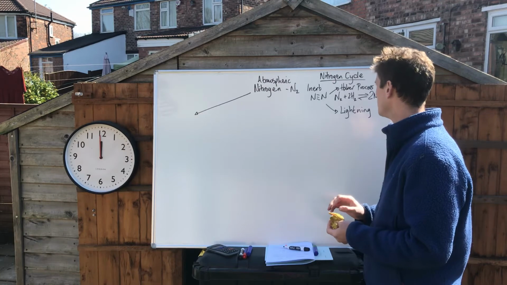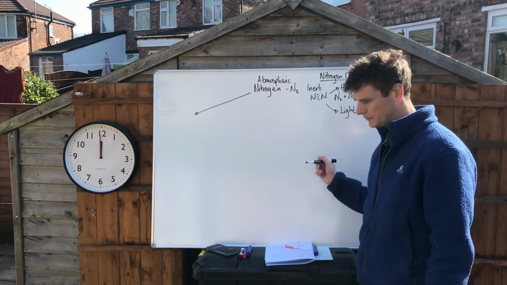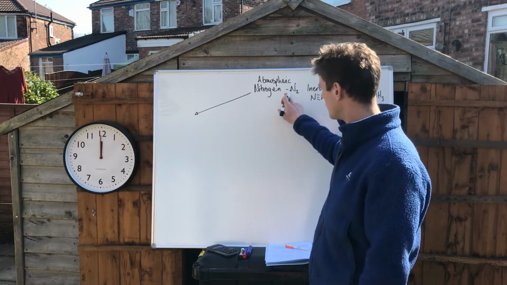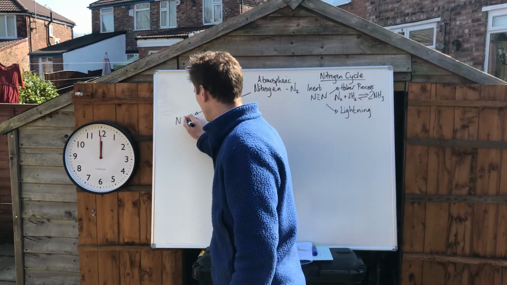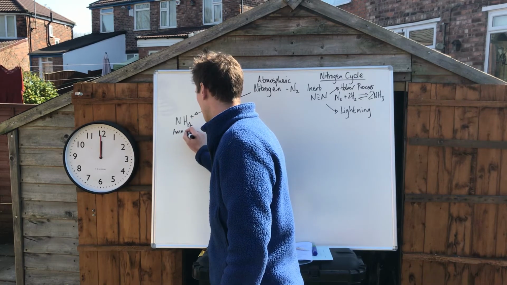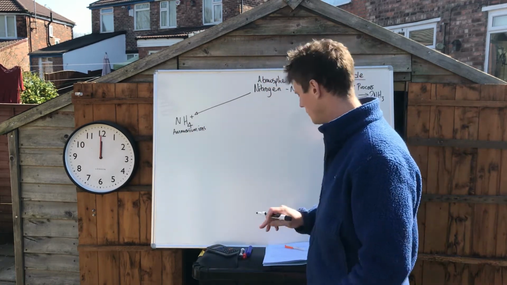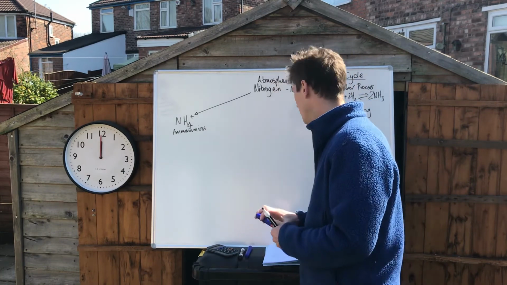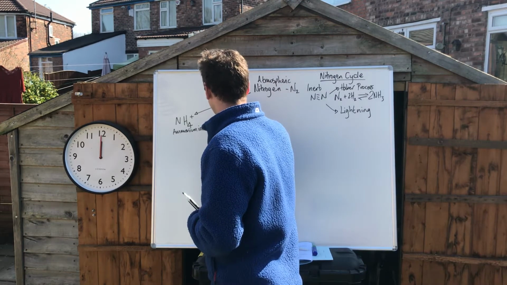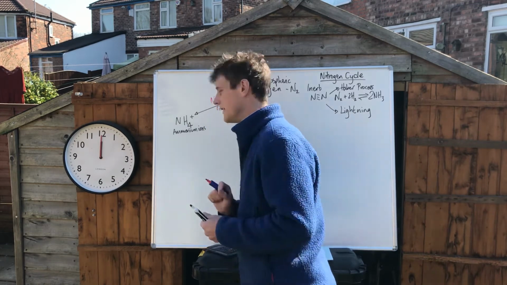So those are 2 other methods by which ammonia can be available to plants, but we're most interested in biological fixation. So this first step, when nitrogen becomes available, nitrogen is converted into ammonium ions through a process called nitrogen fixation.